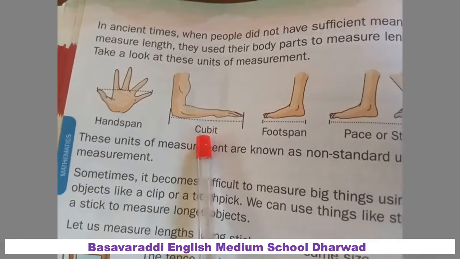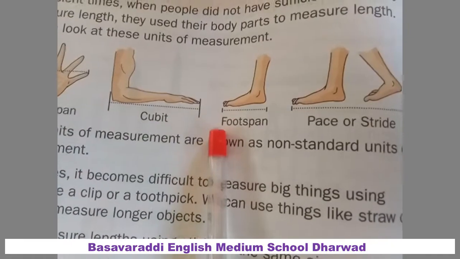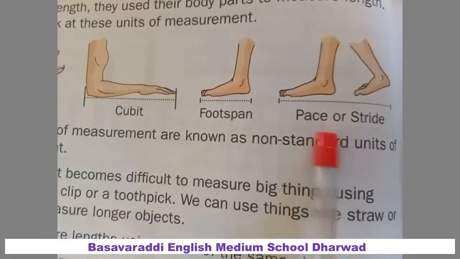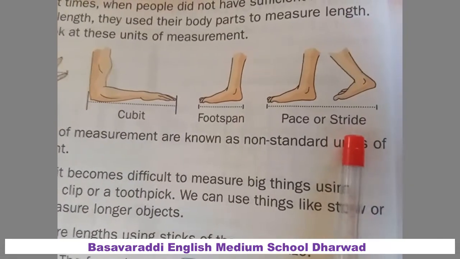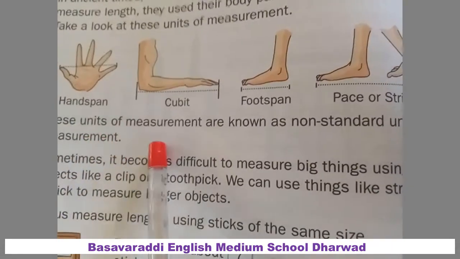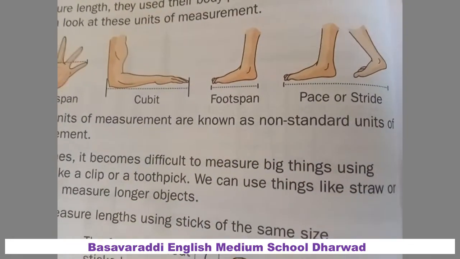This is a hand span. This is a cubit. Then foot span, this is one foot. And this is a pace. These units of measurement are known as non-standard units. This is not standard.